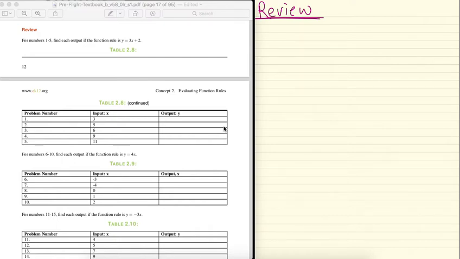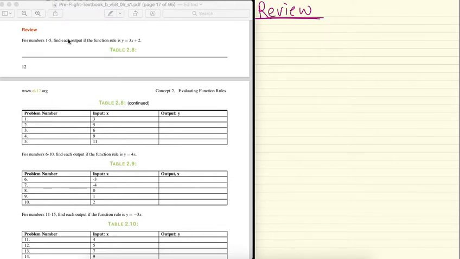Alright, so I wanted to create a video to go through a couple of the review problems from Concept 2. The way Concept 2's review problem set is set up is that each row of your input-output table is a problem number.